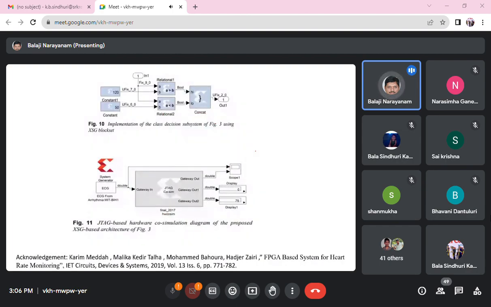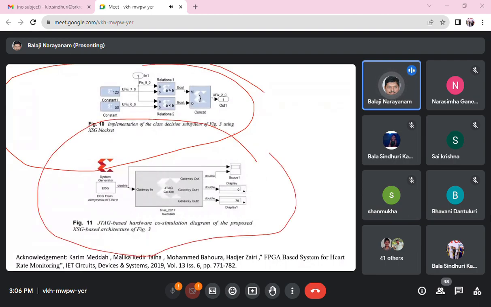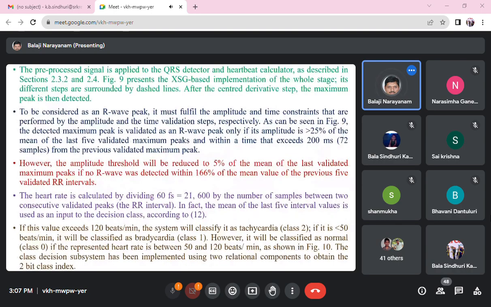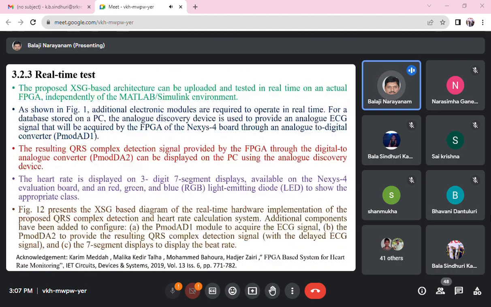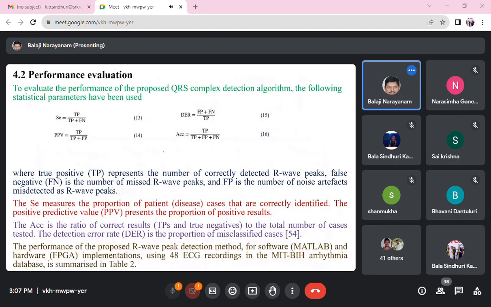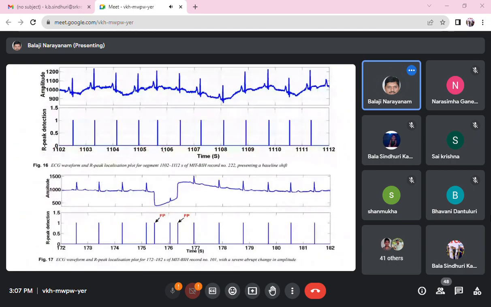So you can try this Xilinx system generator implementation. I think I have implemented this same design using Xilinx system generator blocks.